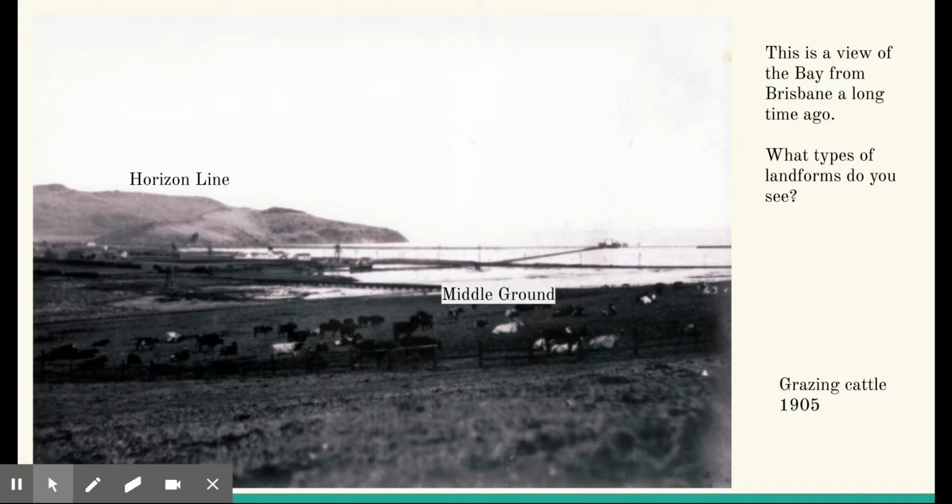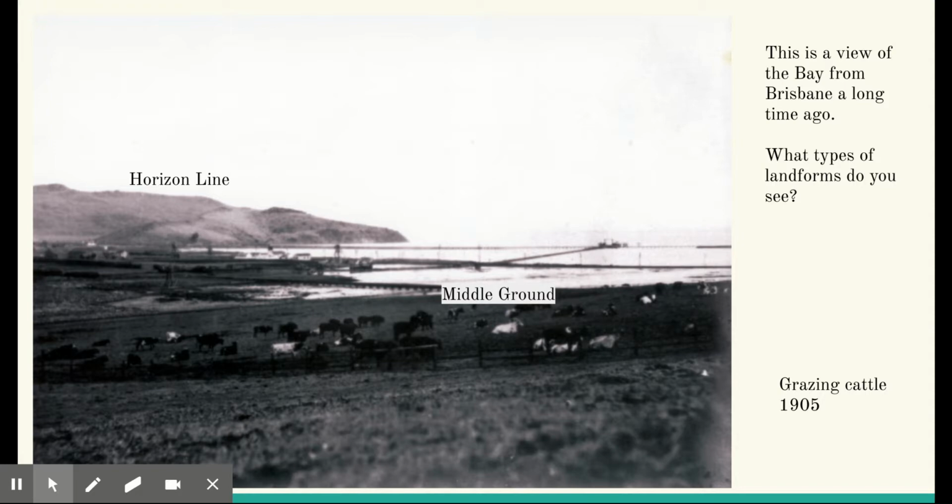time ago. So in 1905, look, what do you see in this picture? Yeah, there's a lot of cows, there's water, there's some long skinny things that look like they maybe are bridges or something way out there. What do you see about the land?